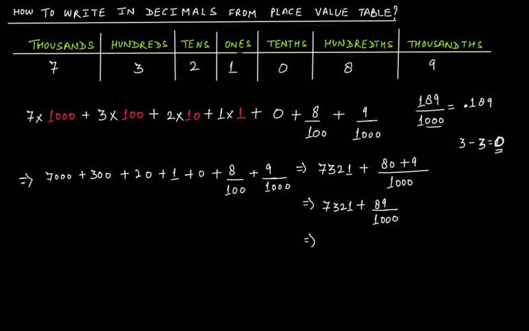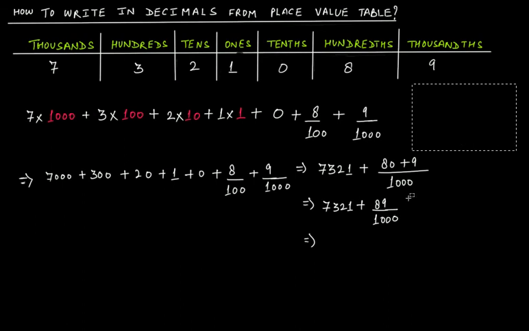What if this would have been only 9 over 1000? How many zeros? 3. How many digits? 1. So 3 minus 1 is 2. So first write 9, and since it's 2 here, so 2 zeros, then put the decimal point here, 0.009. So that's a way. I'll make a separate video on that to tell you how to do this.